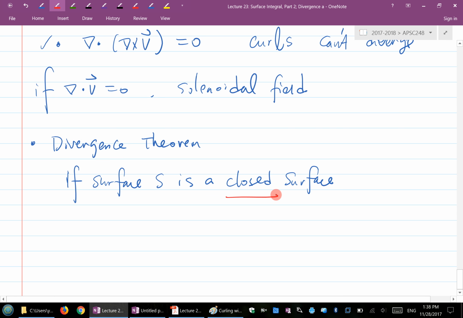It's not an open surface. Whenever you have a closed surface, the surface will be bounding a region D, so there will be a solid region D bounded by this closed surface.